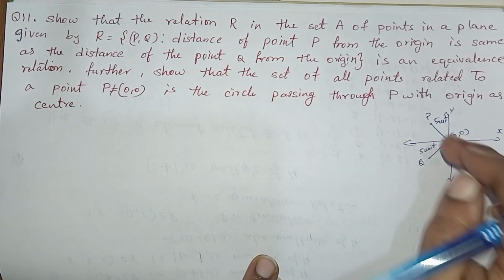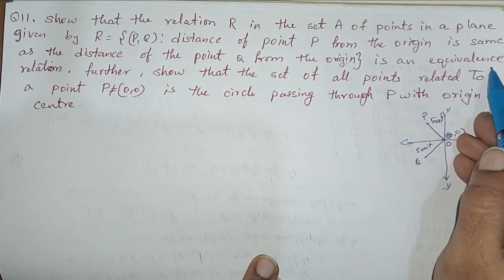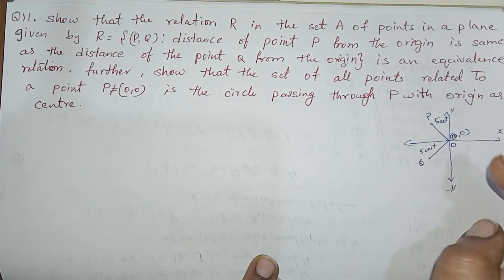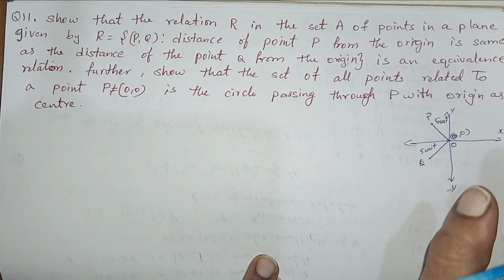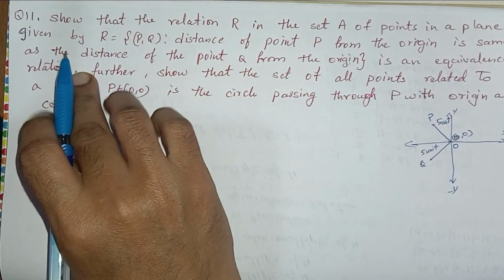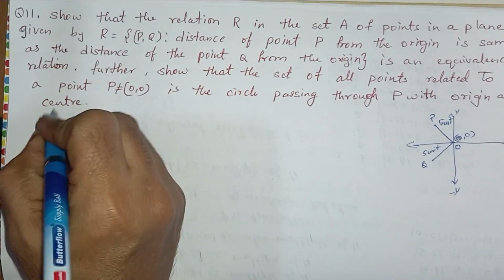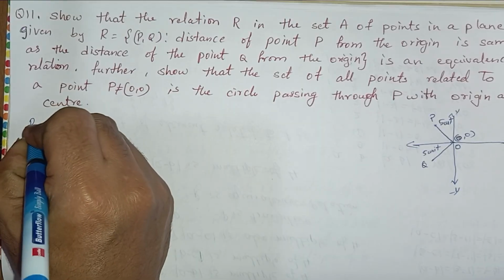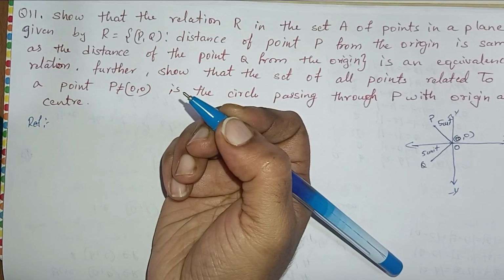Now we have to prove that it is an equivalence relation. So we have to prove reflexive, symmetric and transitive. First let me solve the first part of the question. First we have to prove reflexive.